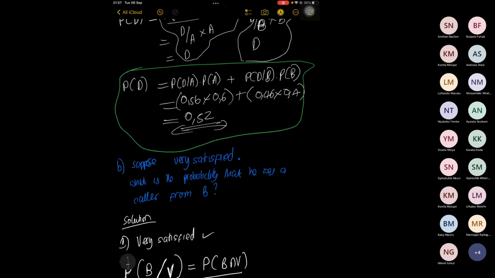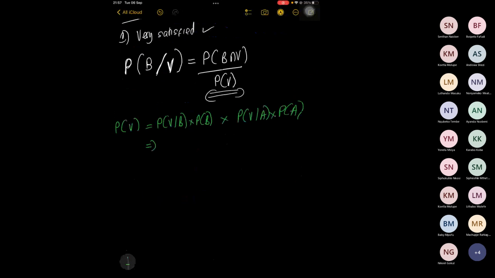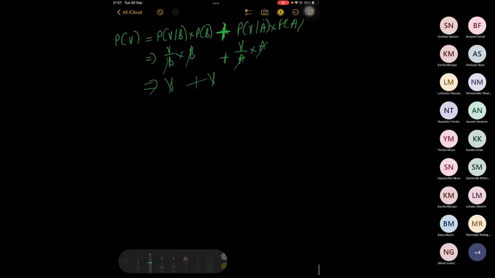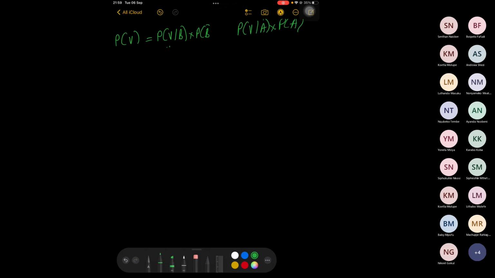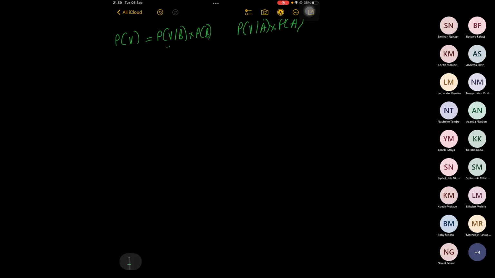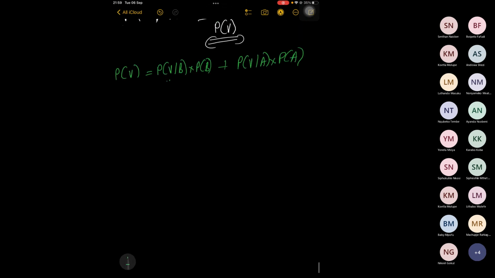In mathematical terms, it's V over B times B, plus V over A times A. Don't mind this, I'm just trying to explain how you go about it.